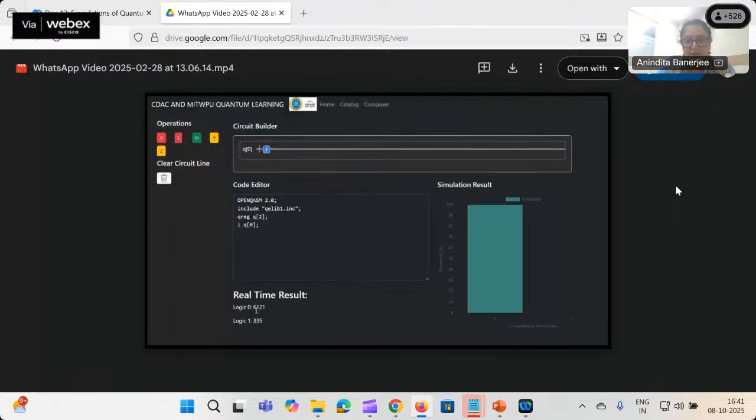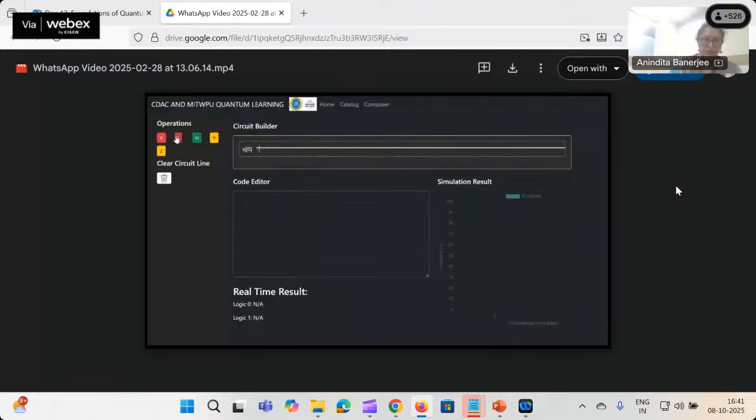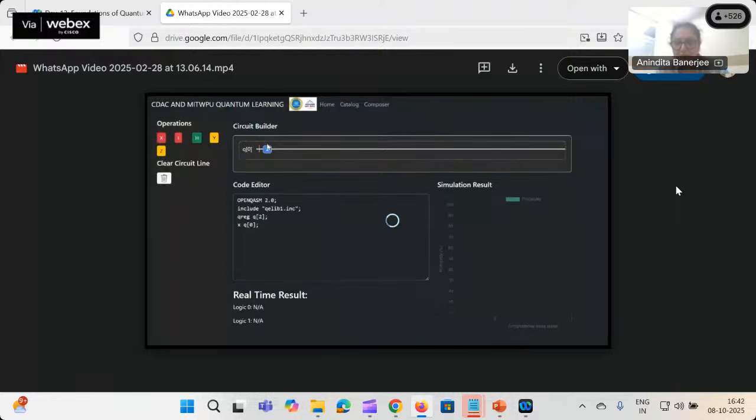Count for logic 0 is 6,000 and logic 1 is 300 counts. Then we will be applying a NOT gate. The simulation will show the highest probability, 100%, for logic 1, and we'll wait for the experiment to get completed.